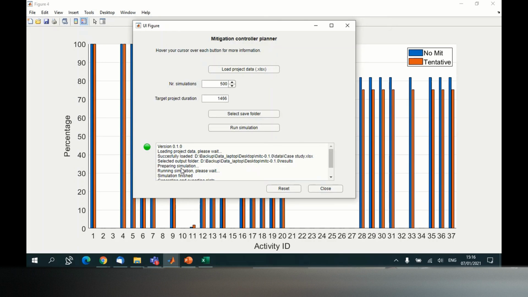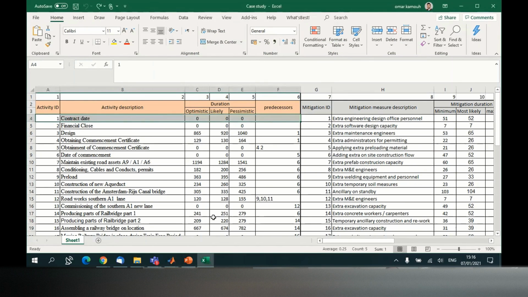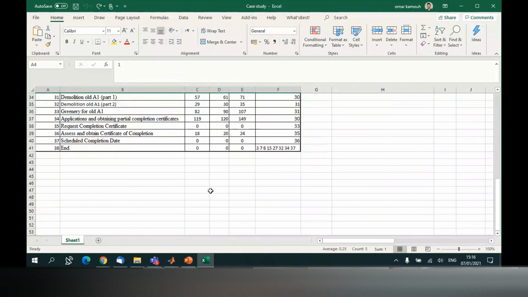That's fine, because of course there's no import or export function for the mitigation controller. Again, it is not necessary for the course to put in 800 activities of the whole project. How many activities do you have in your example, Omar? 37 activities, and the end activity.